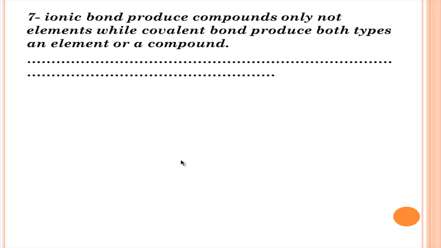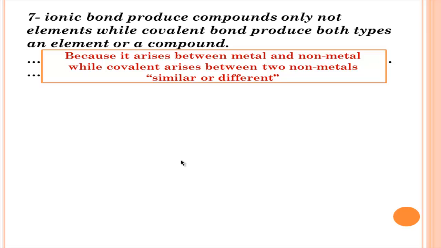Give reason: ionic bond produces compounds only, not elements, while covalent bond produces both elements and compounds. As we said, ionic bond forms compounds because it arises between metal and non-metal, while covalent bond arises between 2 non-metals, similar or different.